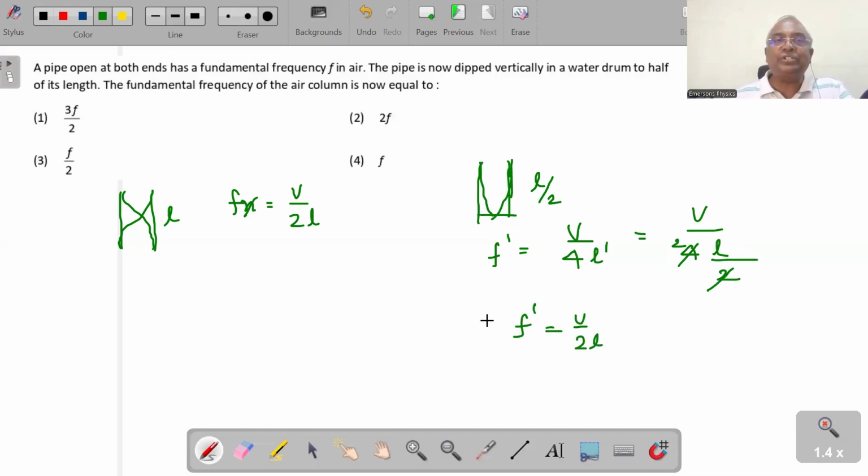So f dash and f must be equal. So f dash is equal to f is the answer.